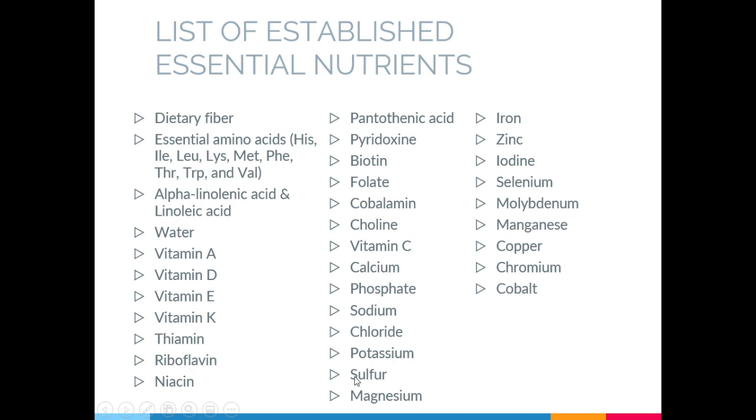And we have the minerals. The minerals that are considered essential in human nutrition. We have calcium, phosphate, sodium chloride, potassium, sulfur, magnesium, iron, zinc, iodine, selenium, molybdenum, manganese, copper, chromium, and cobalt.